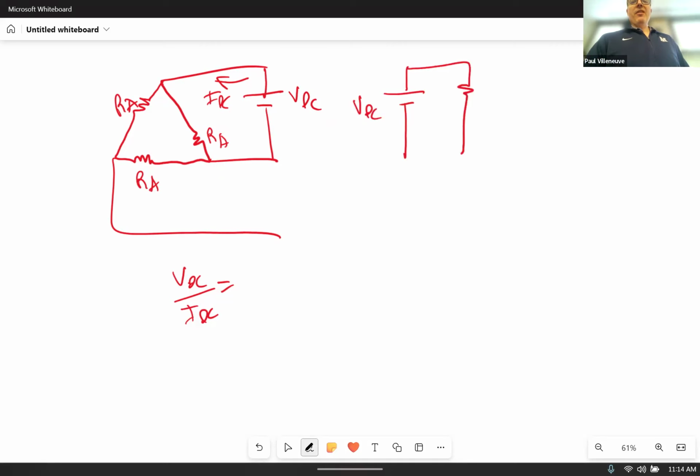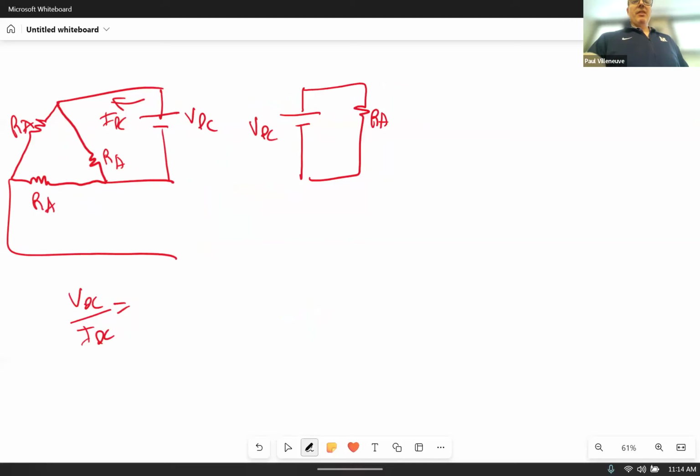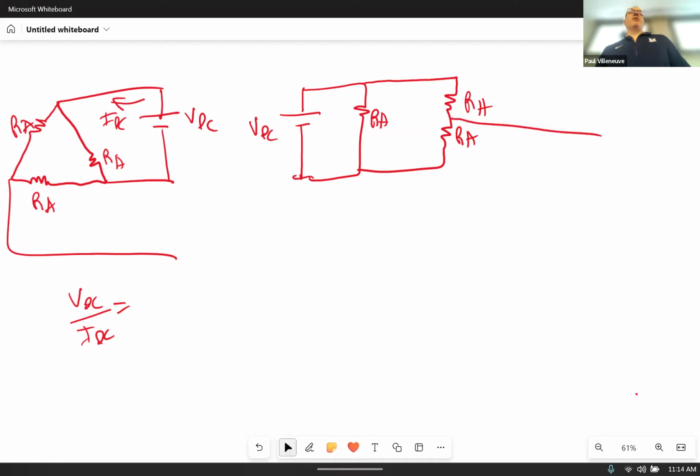I have this resistor here, right? Can see that one. But don't I also have, there's a wire over here. Well, where does that go? It's not connected. It's an open circuit. So whether that wire exists there or not, it's irrelevant. So VDC divided by IDC is equal to RA in parallel with 2RA, isn't it?